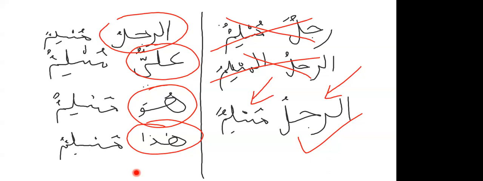The difference I'm seeing here is that ar-rajulu muslimun has dammatan at the end, and ar-rajulu muslimun only has one damma. Is that the difference that qualifies this one as a sentence? Please, I need a little clarification.